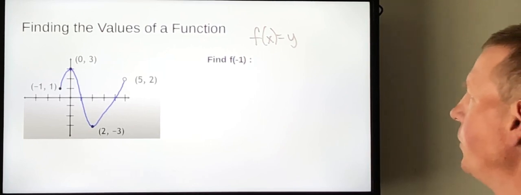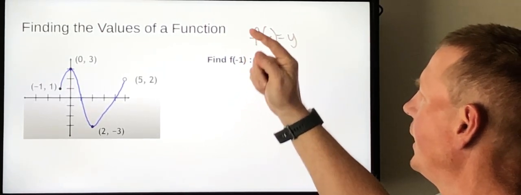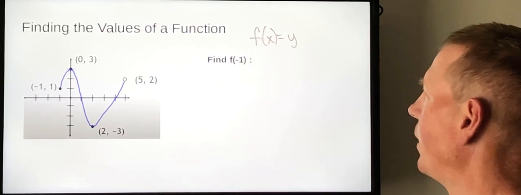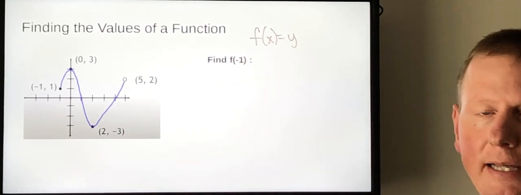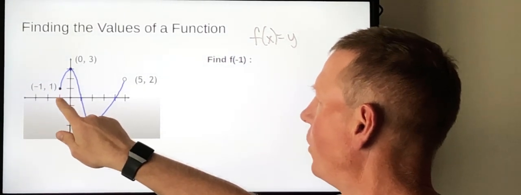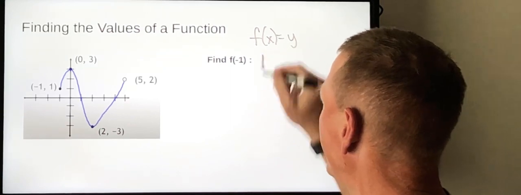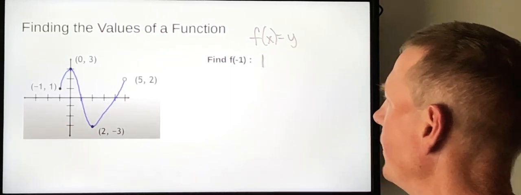So really what I'm doing is taking this -1 and plugging it into the function, or seeing what my y value is going to be at that x value. So here, my x value of -1, well, my y value is 1. So just looking at the graph, y would be 1.